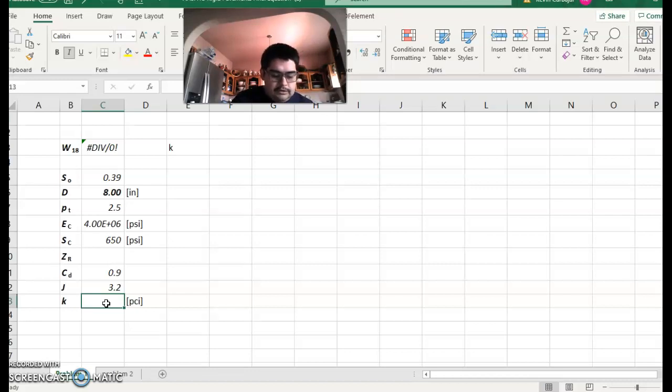Then we draw a horizontal line to the right, and there's a turning line. So we start our line from the turning line that intersects with our MR and go all the way up until it intersects our first line. And we get a K coefficient around, I say, 380 to 395. Let's put 390.